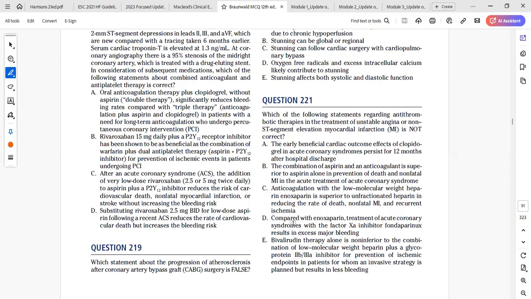In consideration of subsequent medication, which of the following statements about combined anticoagulant and antiplatelets is correct?